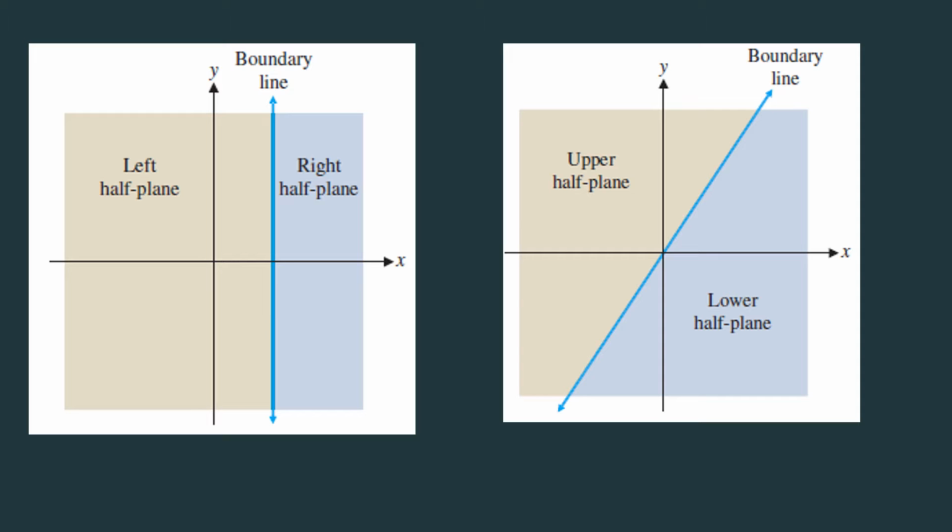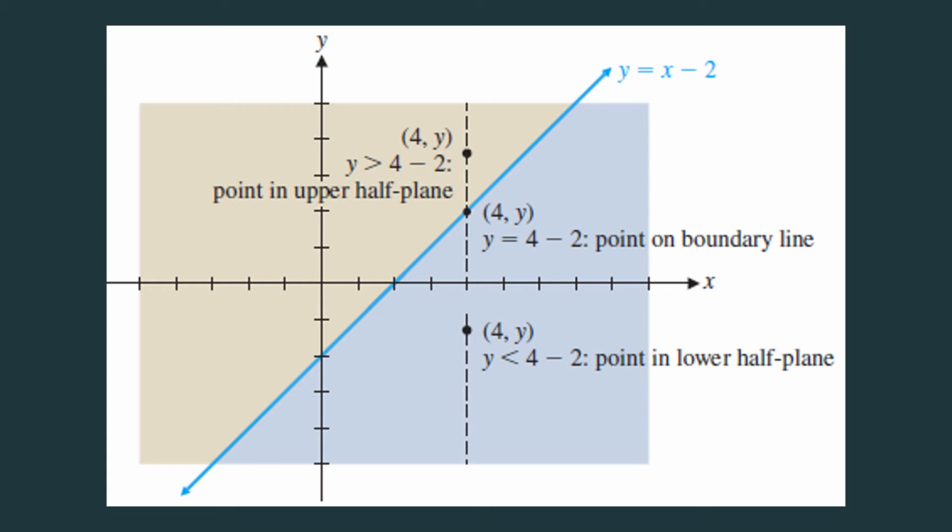So it is the lower plane and that is the upper half plane. When you have a horizontal line, then it is easy for us to find what is the upper half and the lower half. So here we have the borderline to be the equation y equal to x minus 2. The region lying above will be the upper half plane, lying below will be the lower plane. If I take any point, when x is 4, y equal to 4 minus 2 is a point on the line.